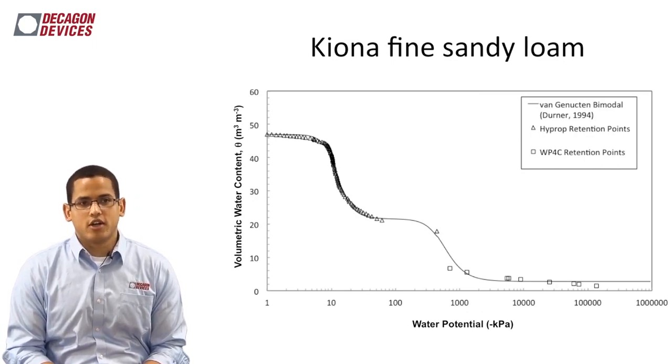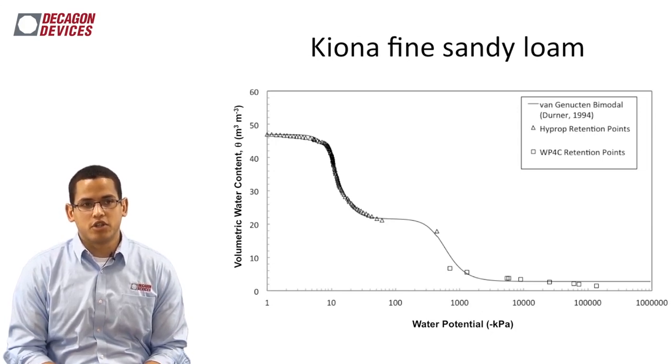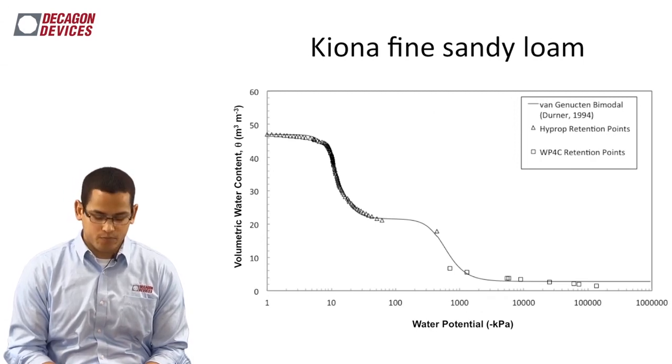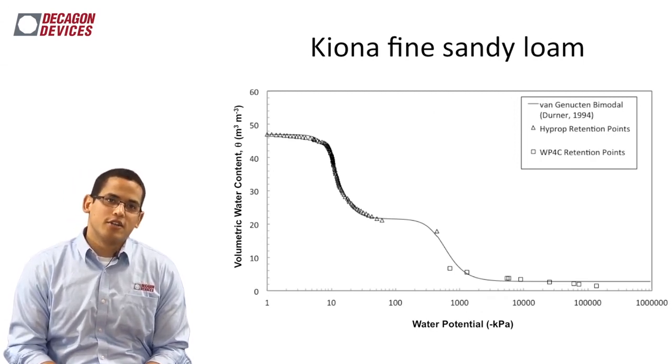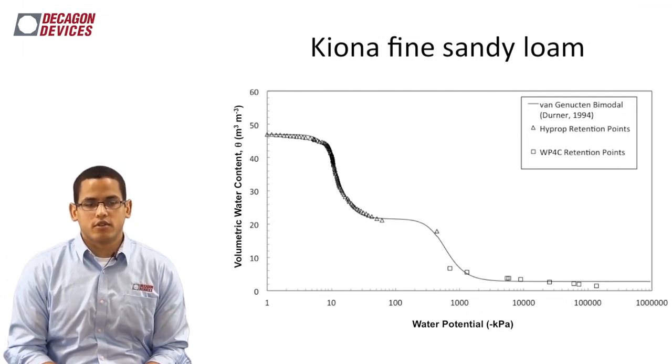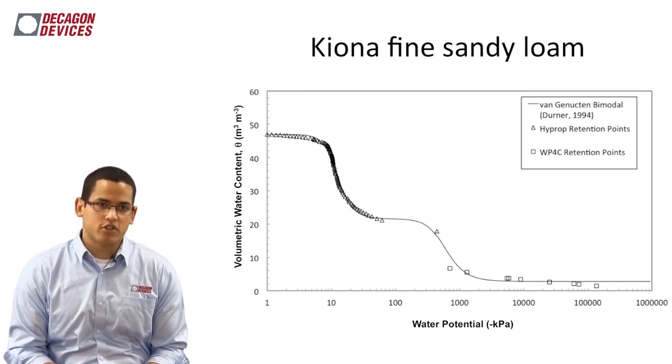And what that caused was us to have a little bit of a miss when measuring in between about 100 kPa and 1000 kPa. And so this shows that issue that we run into with hysteresis. And so that's something that you have to consider.